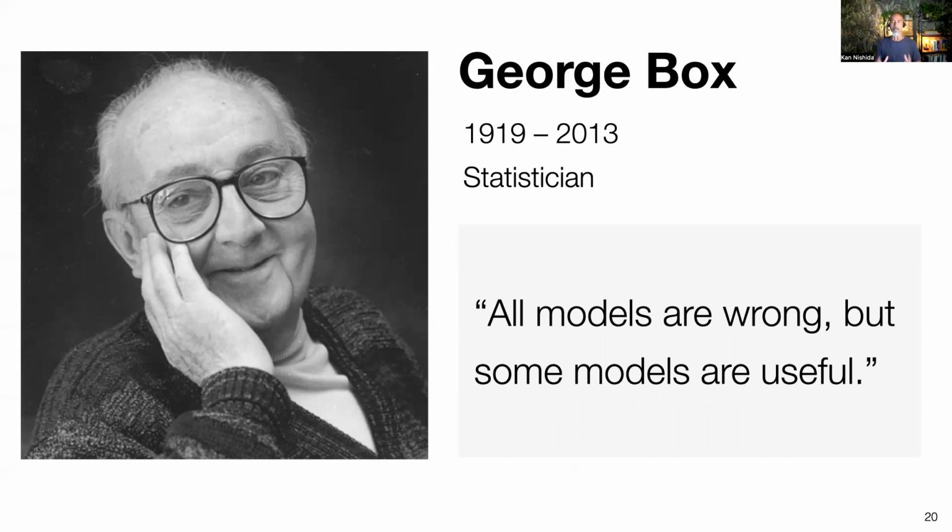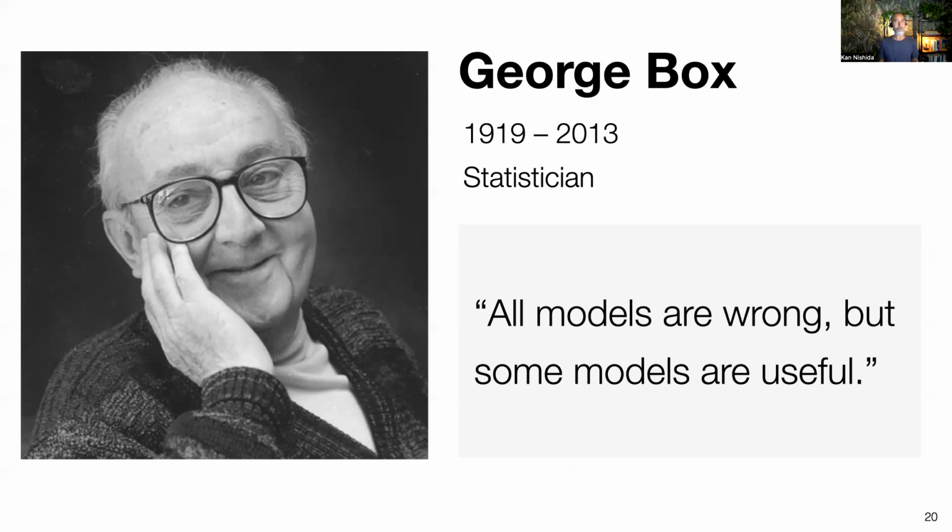But how I interpret this quote is that the moment you build the prediction model, it's kind of like a very simplified version of the actual, very, very complicated world that we live in, right? So there's no way the model can be right or correct.